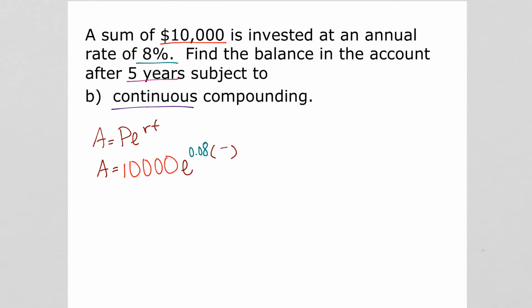And t was 5 years. You can, if you like, go ahead and multiply 0.08 times 5. It gives you 0.4. And we end up with $14,918.25. So you can see here, if you're investing, you want continuous compounding because you get just a little bit more money.